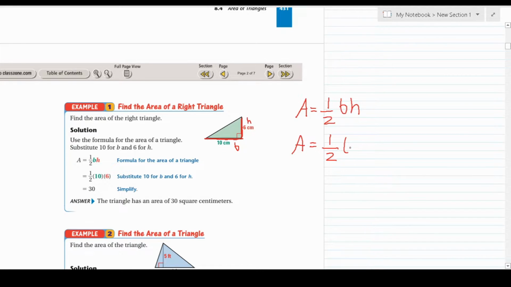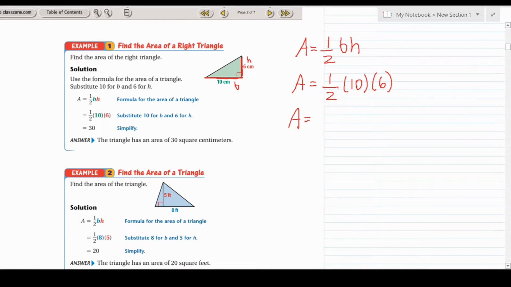Base is 10, height is 6. Let's work this out. 10 times 6 is 60, so this is 1/2 of 60. Half of 60, we should know, is 30. So this is going to be 30 centimeters squared. Okay? Pretty simple. And when I took the ASVAB, I remember the questions being very simple.